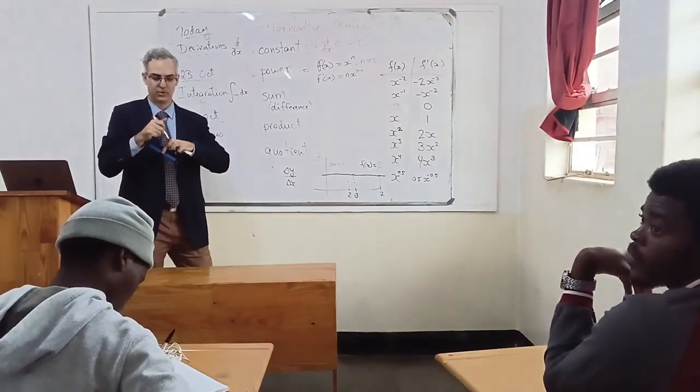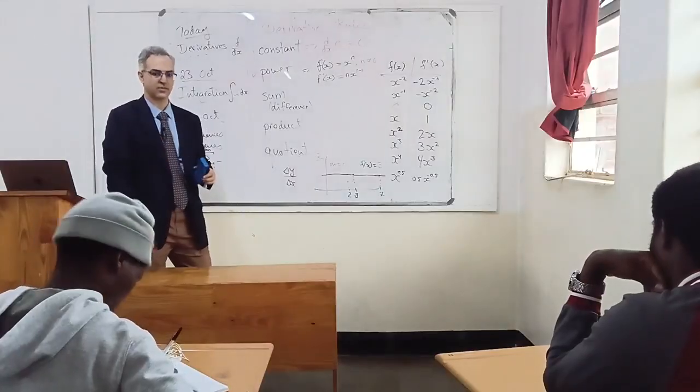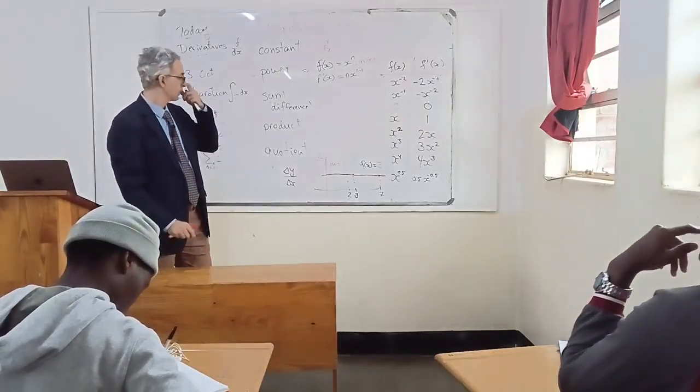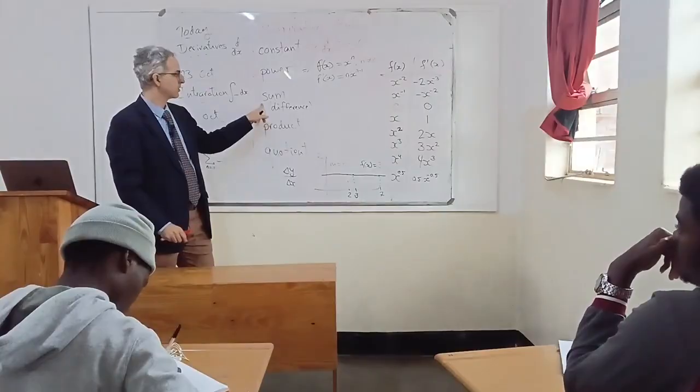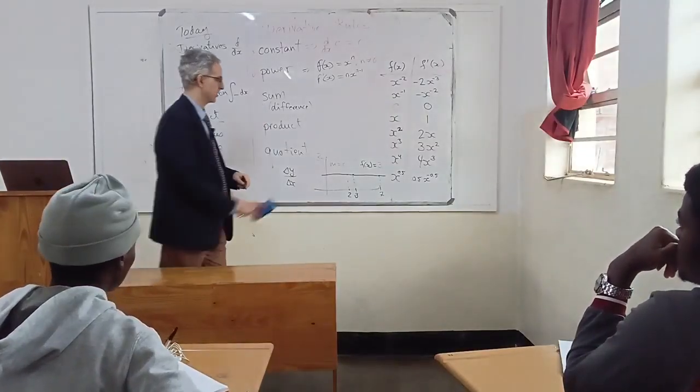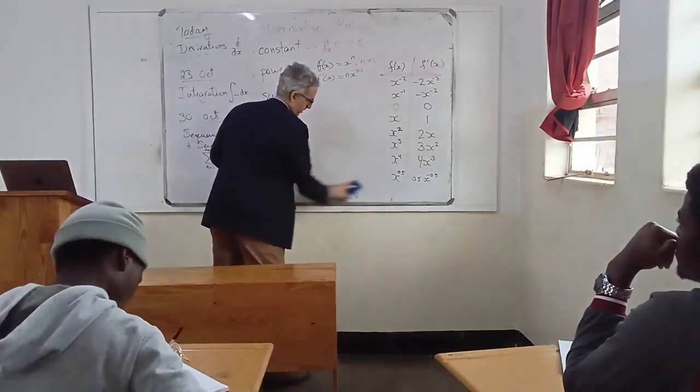Okay? The derivative of a constant is always 0. So let's look at the sum and the difference now. I'll take this one out.